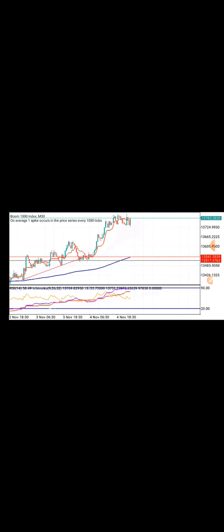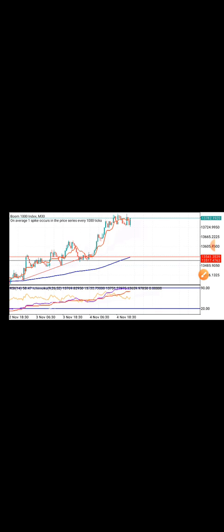Like I said, number one, if you want to take this trade, make sure that the price is at the exhaustion point. What I mean by exhaustion point is that the price is weak.